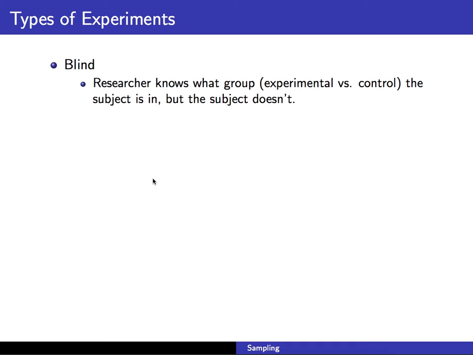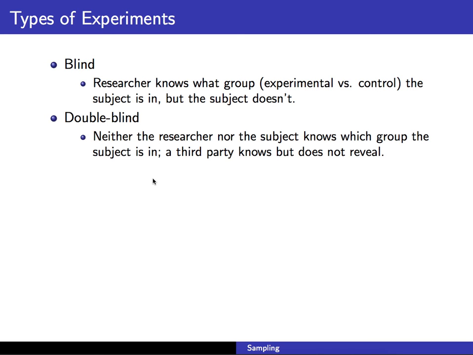Now, to add on to the blind experiment, we have what's known as a double-blind experiment, and that provides an even greater level of security because neither the researcher nor the subject knows what group the subject is in. So if there's any interaction between the researcher and the subject, in order to minimize the risk of the subject being able to find out through maybe subtle clues that the researcher gives them, we have what's known as a double blind.